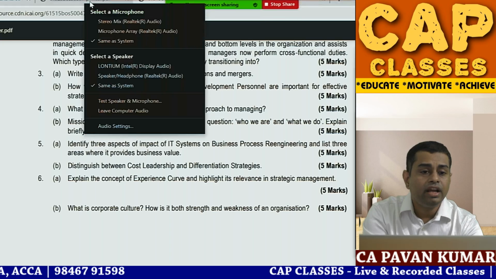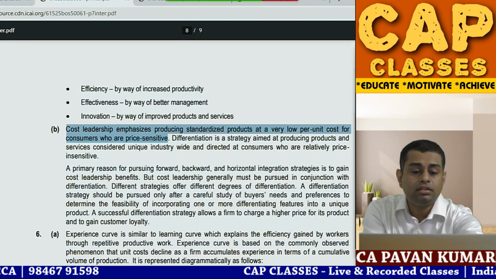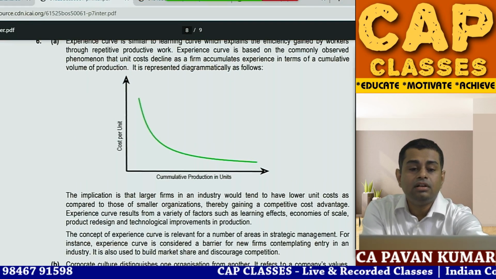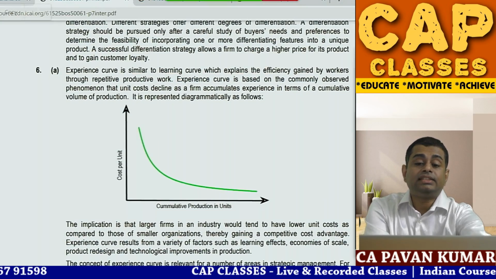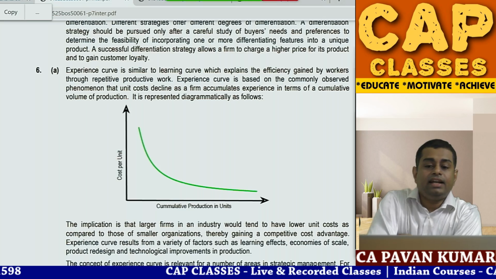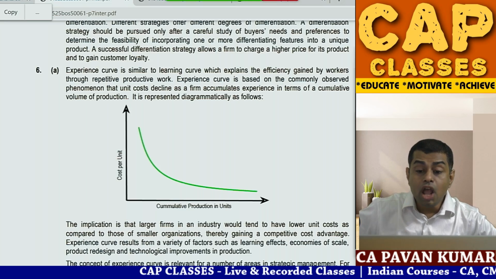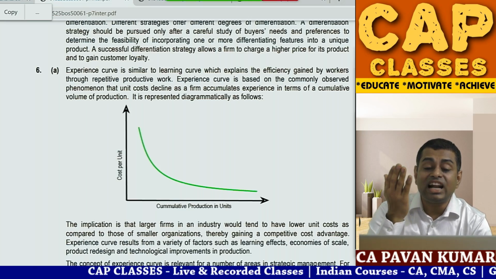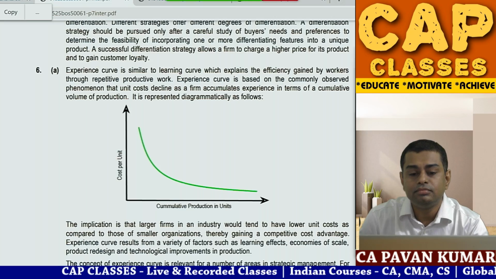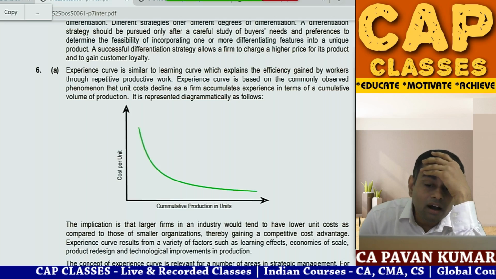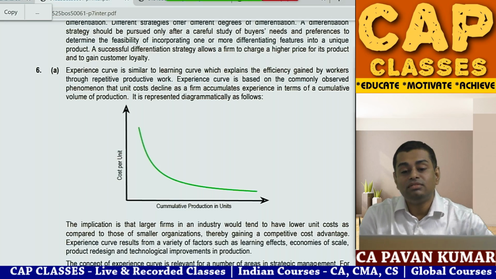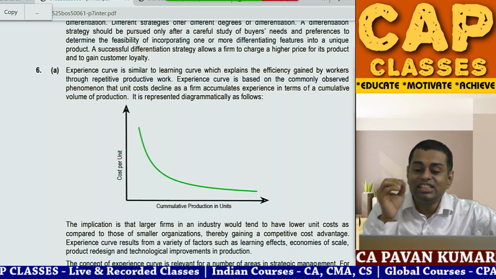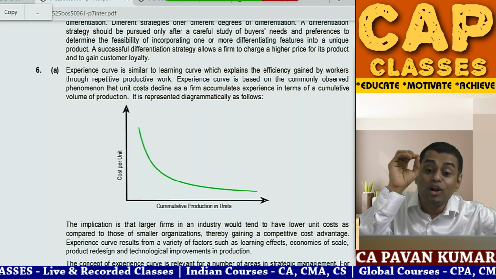So, where is the answer? Experience curve. If someone again asks, sir, shall I write a diagram, sir? I'll kill you. An S-shaped curve is the product life cycle.